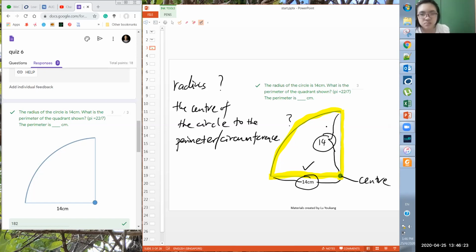Correct. But what I'm saying is, how do you find this one first? That means you need to find this one first. So how do you find it?